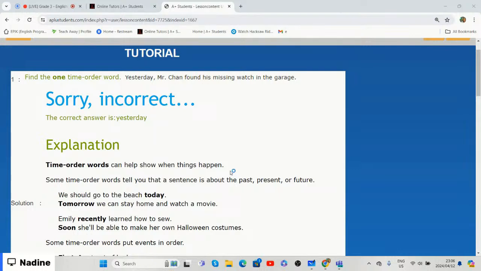So once again, time order words can help show when things happen.